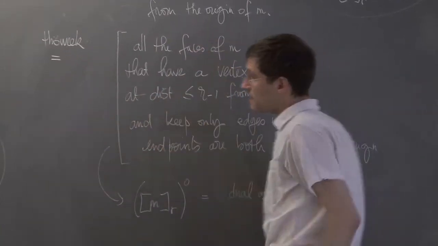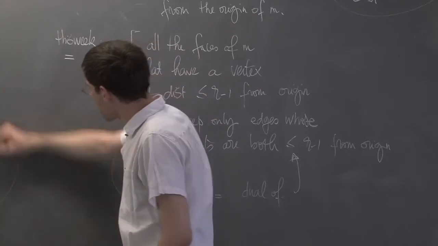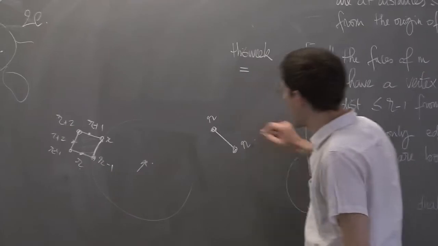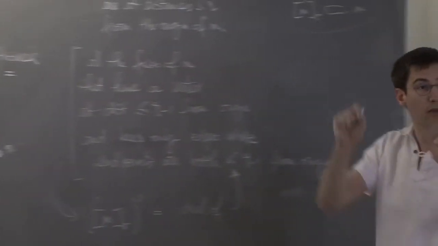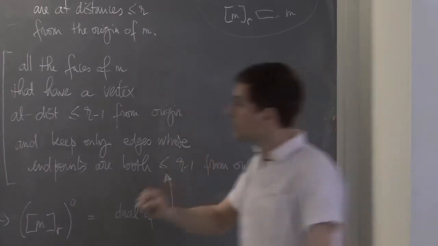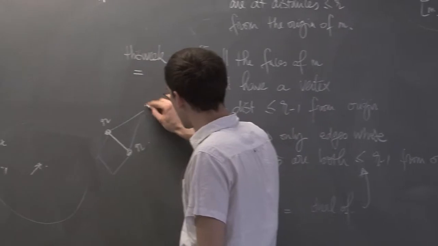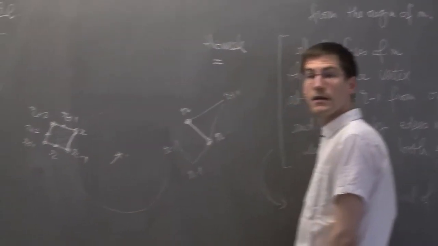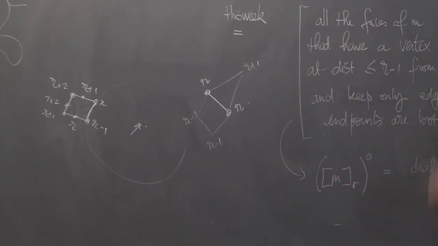But notice that you may have somewhere an edge whose endpoints are both at distance R from the origin of the root edge. Imagine something like this, for example. This one is R minus 1, this one is R minus 1 as well, R minus 1. Then what do you do in this ball of radius R?